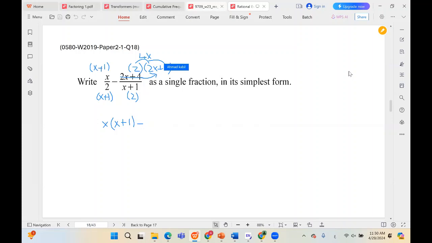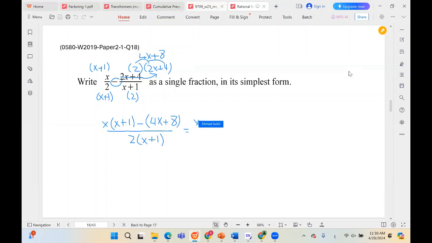However, you have a minus sign here, so maybe just put brackets like this. So we have 4x plus 8, and just put a bracket because you're still going to need to distribute the negative over the bracket. And then the denominator is 2 times x plus 1.